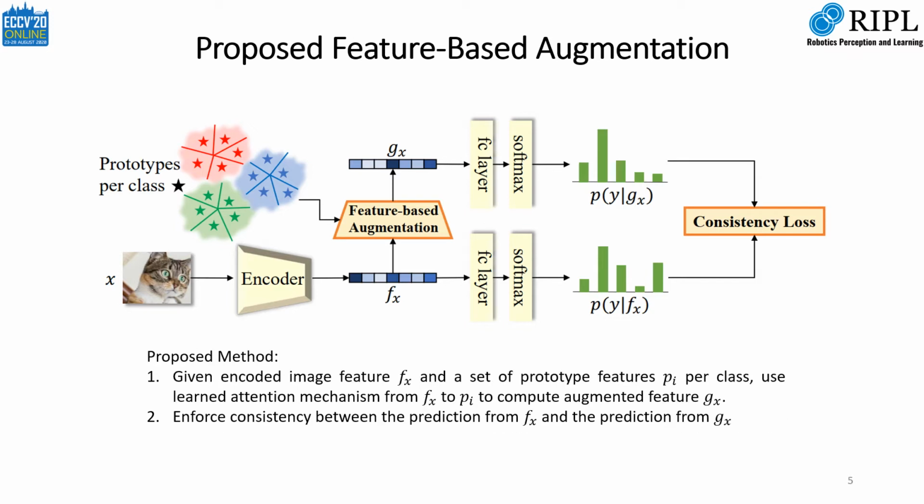Specifically, given an unlabeled image X, we first encode it to its feature representation Fx, and also suppose we're given a set of prototypes per class, which we will describe more in the next slide. We then compute the augmented feature Gx by the learned attention mechanism from Fx to a set of prototypes. We then enforce consistency between the prediction from the original feature Fx and the augmented feature Gx for consistency regularization.